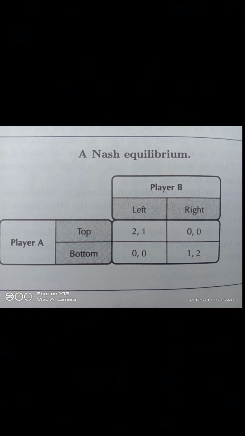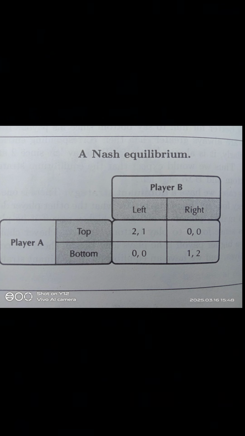Similarly, if player B plays right and this is known to player A, then player A has to choose bottom, because the payoff is 1, which is more than 0 for the top strategy. So the bottom right strategy, consisting of payoffs 1, 2, is also a Nash equilibrium. So here two Nash equilibria occur.